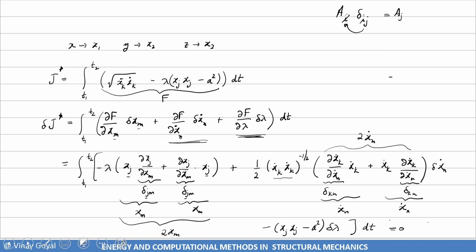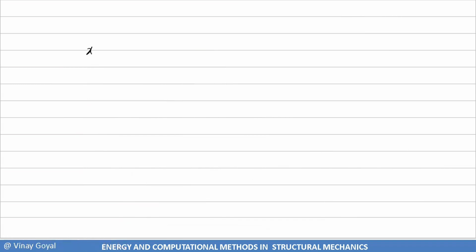So let's integrate by parts this term, which looks complicated, but it's not very difficult to integrate by parts. So these 2 and 2 cancel out. So I'm just simplifying a little bit so that things look simpler. But I think we're ready to integrate by parts. So I have xn dot times xk dot to the minus 1/2.